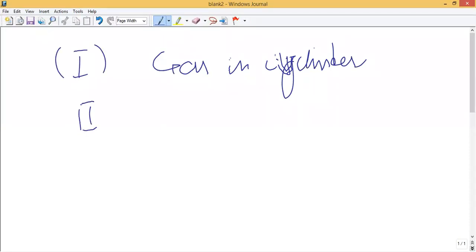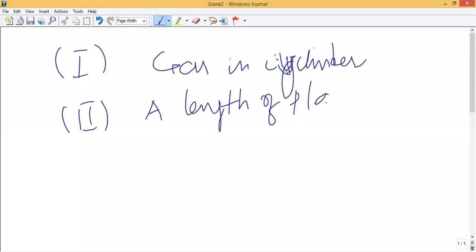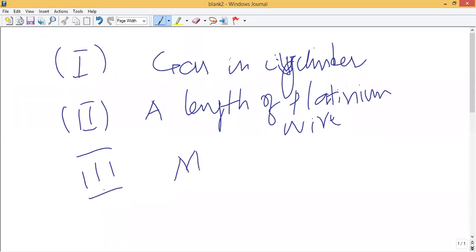And the second type thermometer was a length of platinum wire, and the third type thermometer was the mercury thermometer in glass.